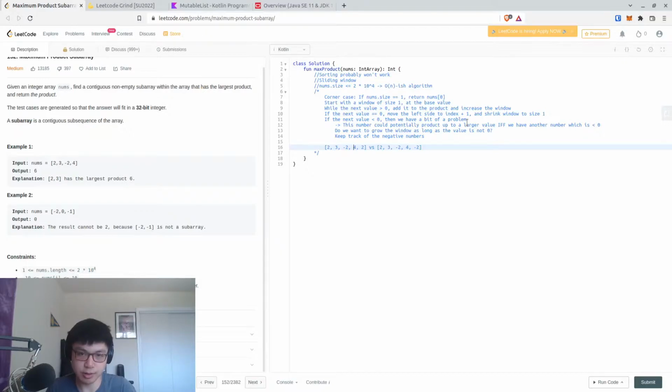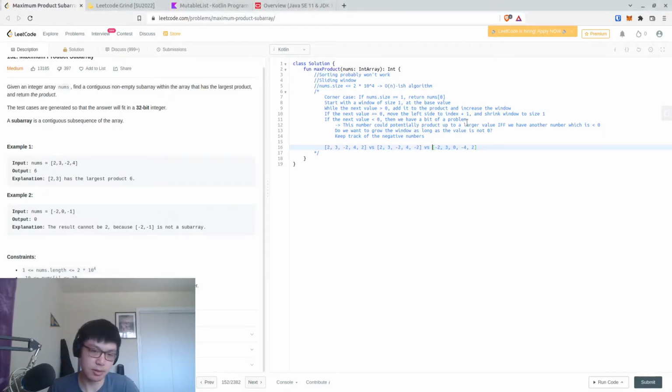But in this case, if we're going purely left to right, we don't know whether or not there exists another set of negative numbers. And of course, we don't know where the negative numbers are. So if we had something like 2, -2, 3, 0, -4, 2, then of course there are two negative numbers within our array, but they're divided within different subarrays.